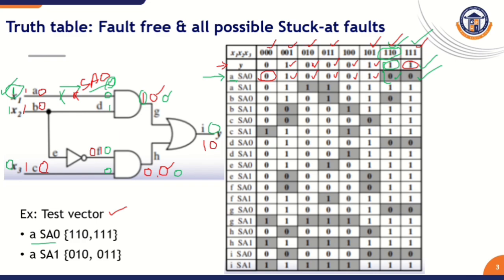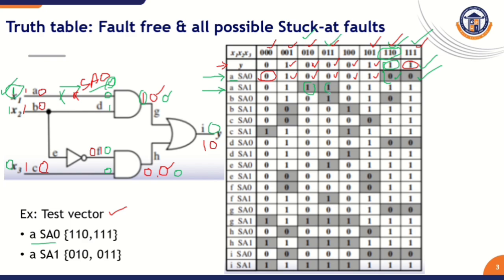This is the overall concept of stuck at 0 and stuck at 1. In a similar way, we find the test vector when this line is affected by stuck at 1. So what is the test vector when this A line is affected by stuck at 1? It is when we apply the input combinations 0 1 0 and 0 1 1.